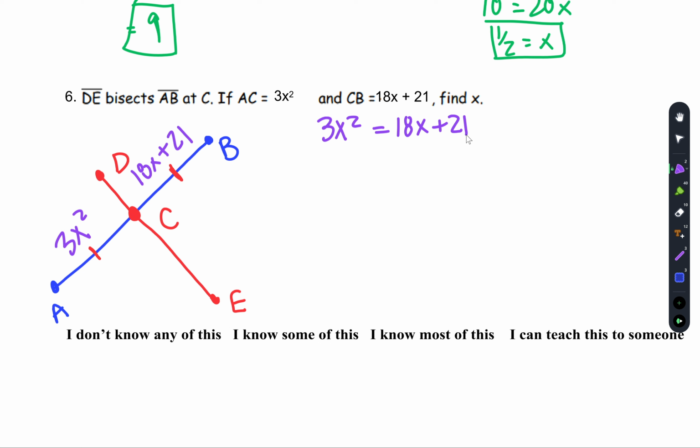So let's move everything to one side first. Get it equal to 0. Anytime you see an x squared and an x in the same problem, you're probably thinking we need to factor. From here, I take out my 3 out of everything.